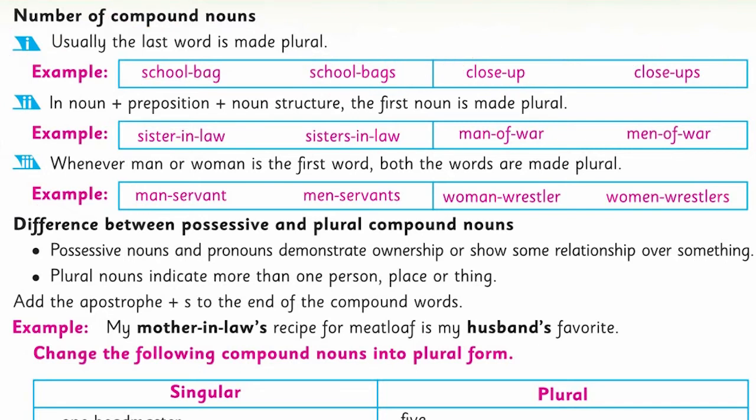Now look at the second way of changing a singular compound noun to a plural compound noun. Here we have the noun plus preposition plus noun structure. The first noun is made plural. When we have a preposition and hyphens in a singular compound noun, like sister-in-law, the noun is sister, the preposition is in, and law is a noun.